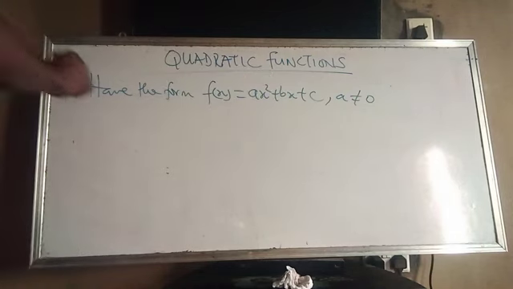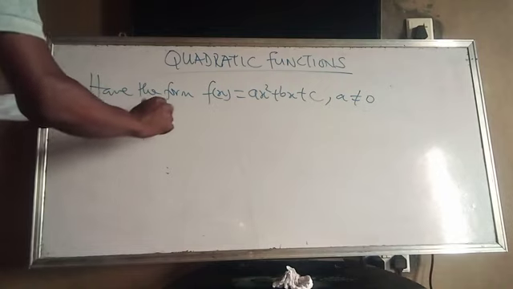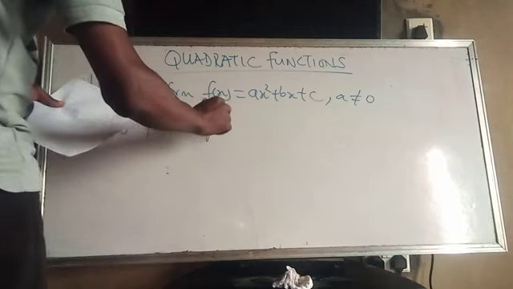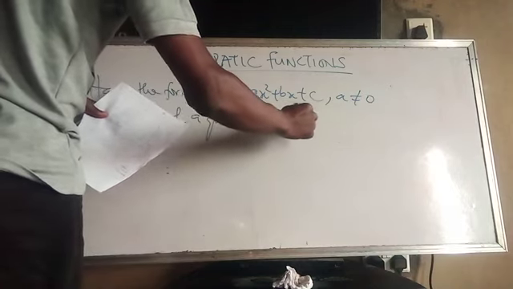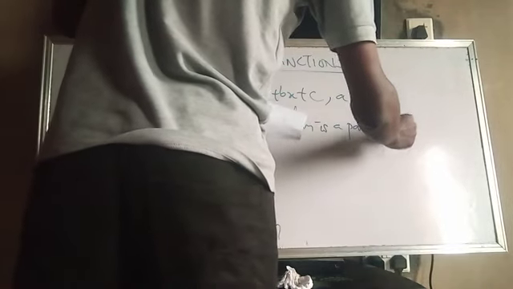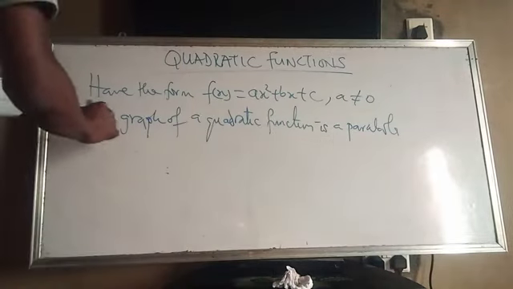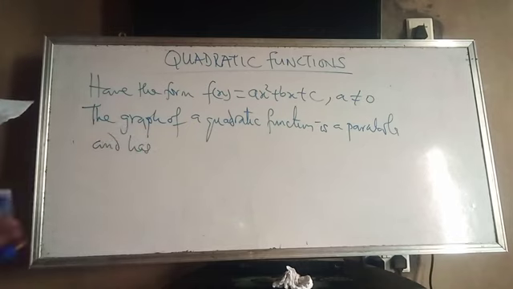Now, the graph of a quadratic function is always what? A parabola. And when we see a parabola, there will be a maximum point or a minimum point.